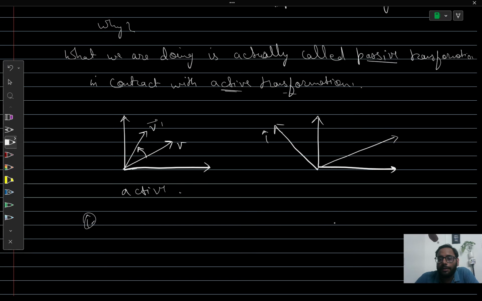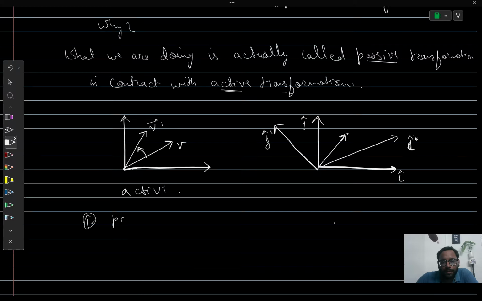Here there is i prime, sorry, j prime. This is j cap, this is suppose i cap, this is j prime, this is i prime. So we are keeping the point same.